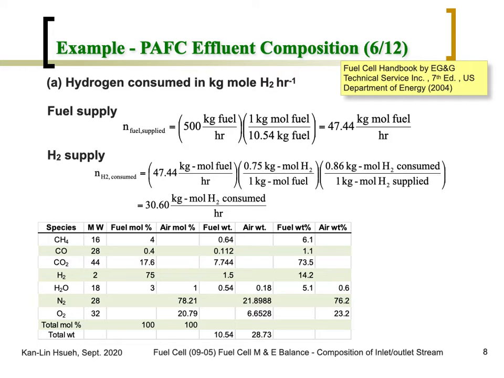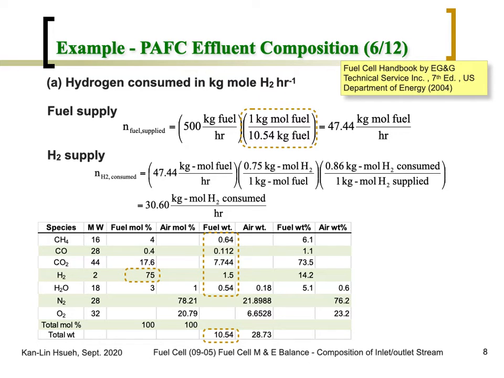Over here for the fuel supply, we have 500 kilogram of fuel per hour fed in, and the average molecular weight is about 10.54 kilogram per kilomole. So by the 500 kilogram fuel divided by 10.54, we obtain the fuel flow of 47.44 kilomole per hour.